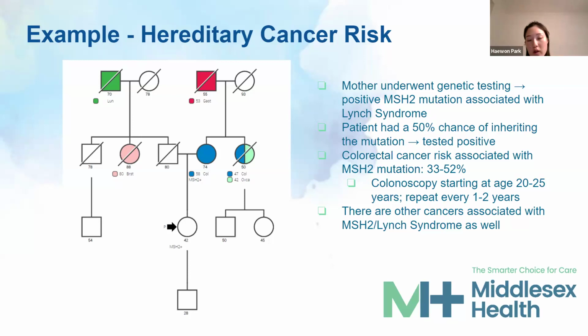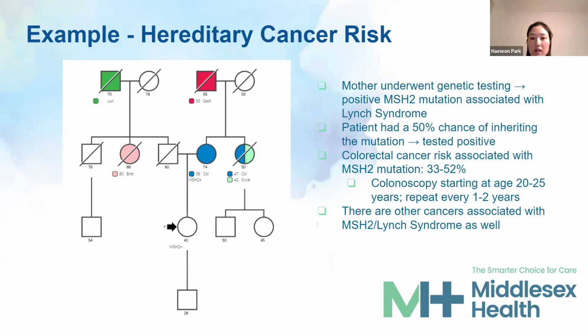And when she moved forward with genetic testing, her results also came back positive for Lynch syndrome. Lynch syndrome is characterized by increased risk of developing some of the cancer types shown here, such as colon cancer, ovarian cancer, and stomach cancer, but it can also increase the risk of developing other cancer types not shown here, which includes uterine cancer, bladder cancer, small bowel cancer, and other cancer types.